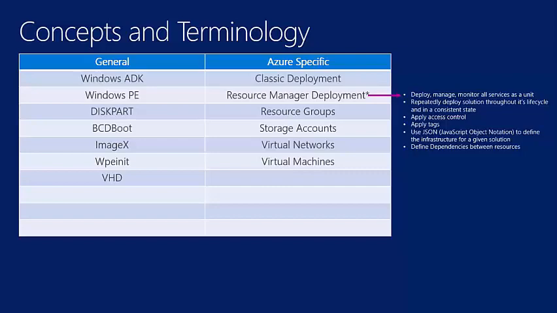The resource manager deployment model, so you see I have an asterisk there. The reason I do is because this was added in 2014 as a new deployment model. It is actually the one that we recommend now for all of our current and future deployments. Like the classic deployment model, it is not compatible with resources deployed using the classic deployment model.